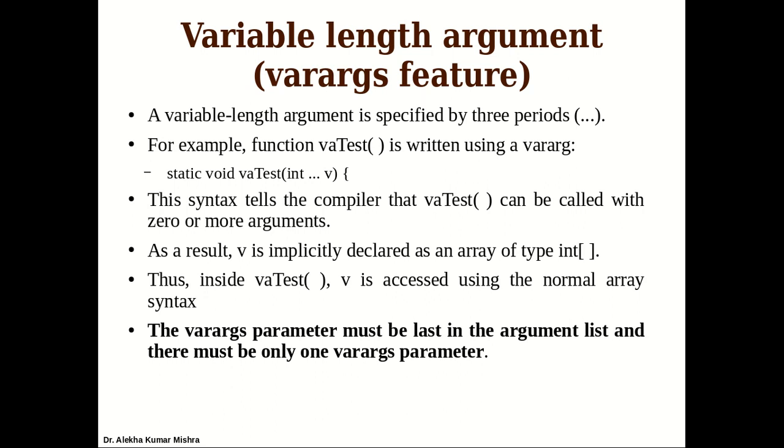Along with it, we can also take other parameters, but it has to be at the end. It cannot be in the middle or the first argument of the method defined.